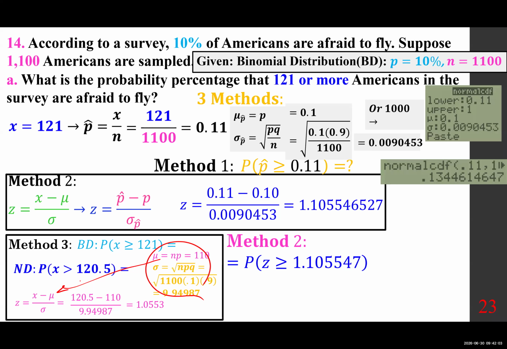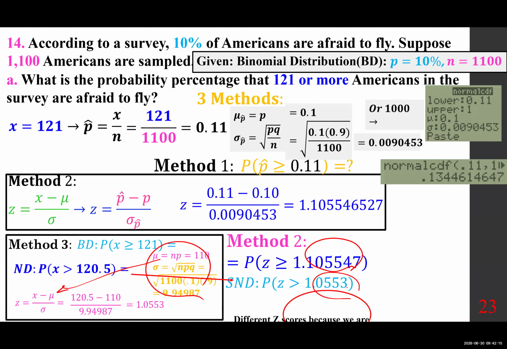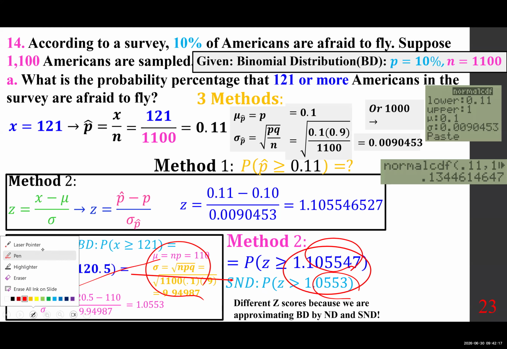And z becomes 1.0553. Okay, which is almost exactly the same as this one. Different z-scores because we are approximating the binomial distribution by the normal or standard normal distribution. That's why we have a slightly different answer.